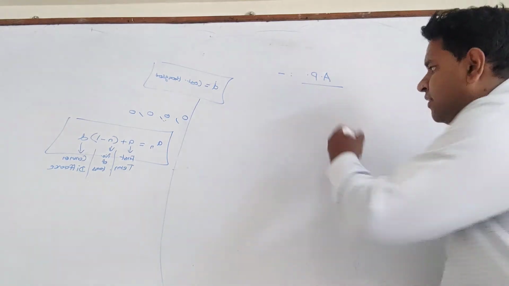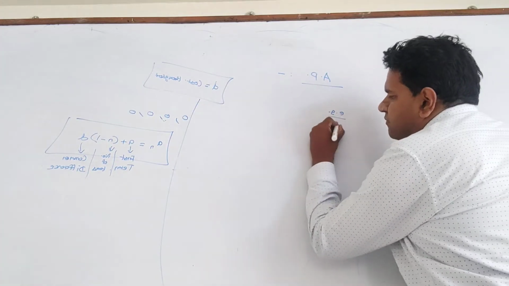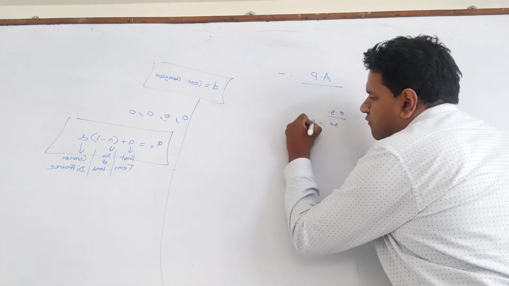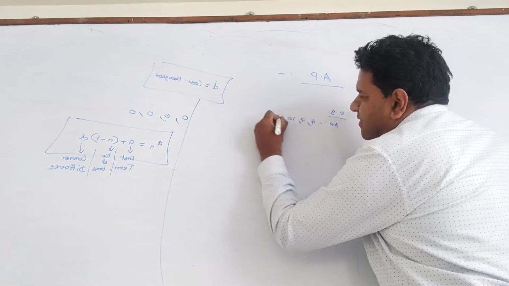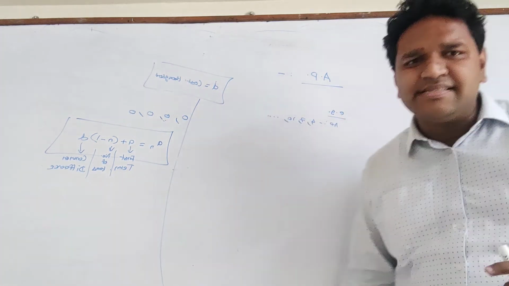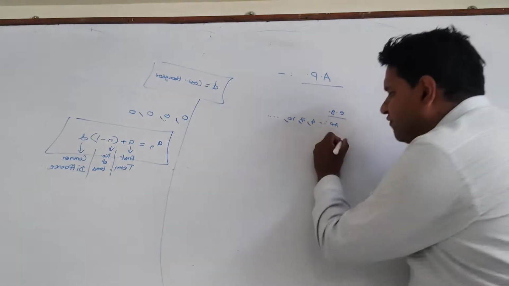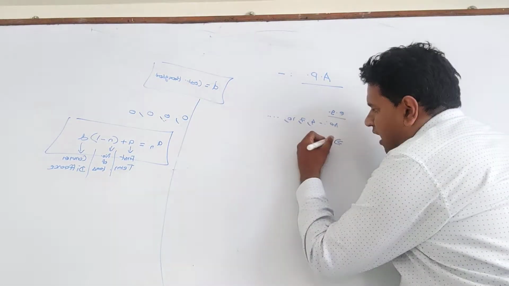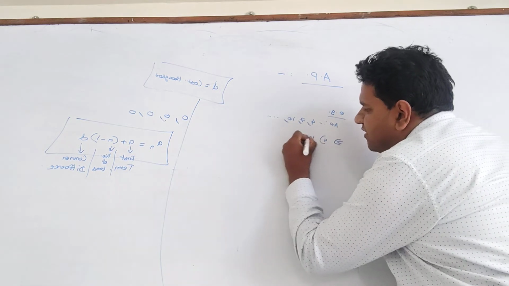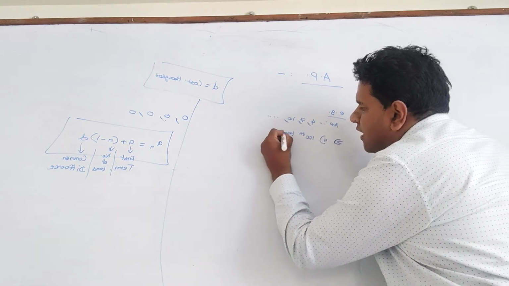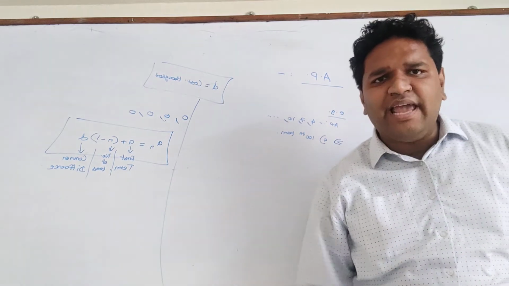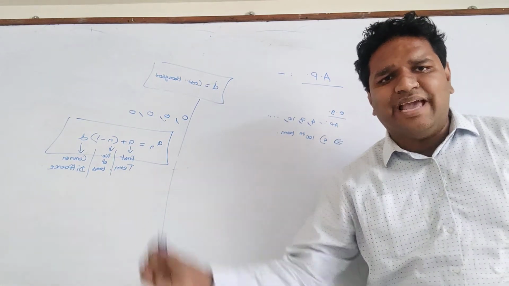We have an AP: 4, 7, 10, and so on. The question itself says it's an AP, or an arithmetic progression. What you need to find is the 100th term of the AP, using this expression, a to the base n is equal to a plus n minus 1 d.